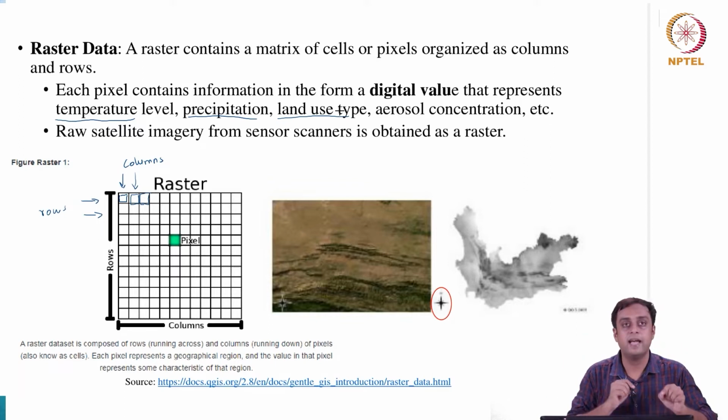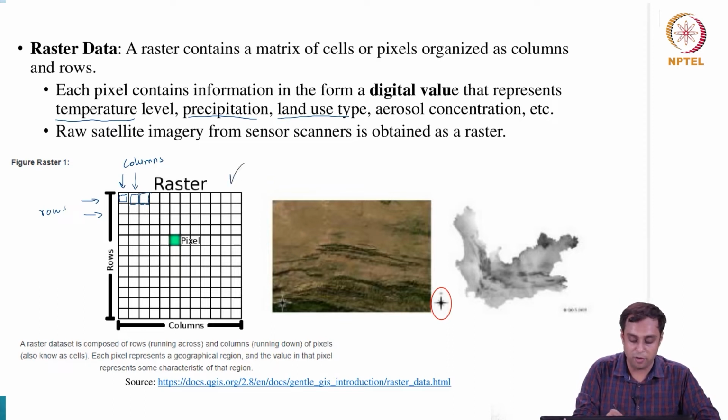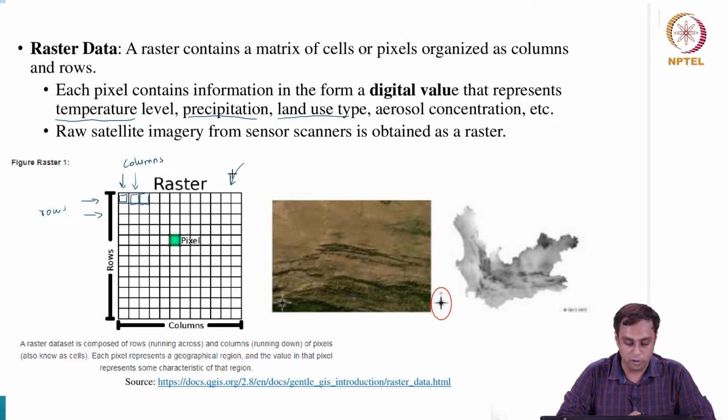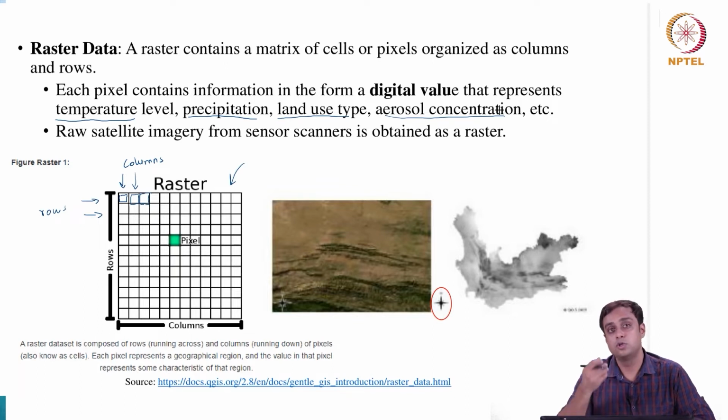If you assign those values to different parts of this matrix in front of you, you can find a land use profile, for example, the Delhi NCR or the Chennai metropolitan region, Mumbai metropolitan region and so on and so forth. We also have aerosol concentration as an example. So pollution, that is another matter that we have discussed a bit earlier. Those can also be stored as unique digital values in each pixel in these data.